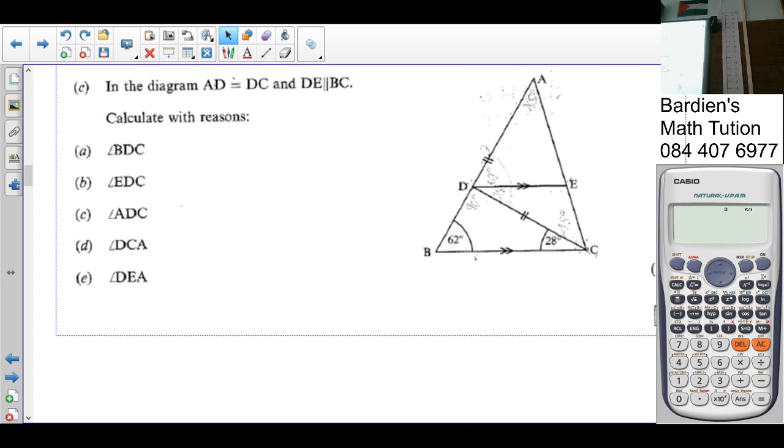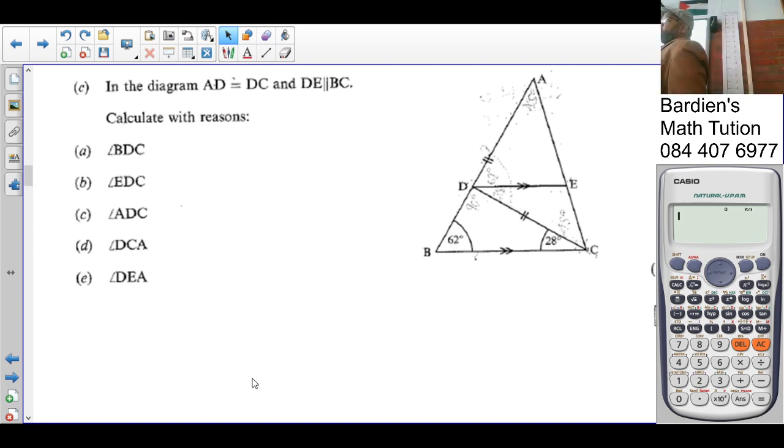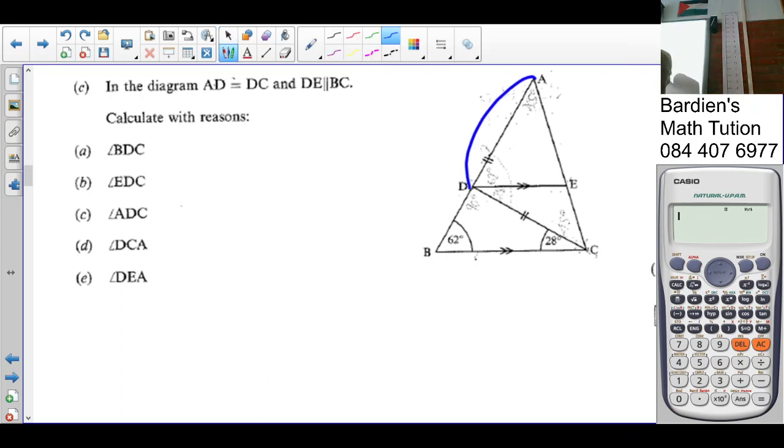In the diagram, this is the drawing now. For those of you that know what diagram is, the drawing. AD is equal to DC. People, that's already on the diagram. With that given, what can be concluded at this point already? Angle A is equal to angle?